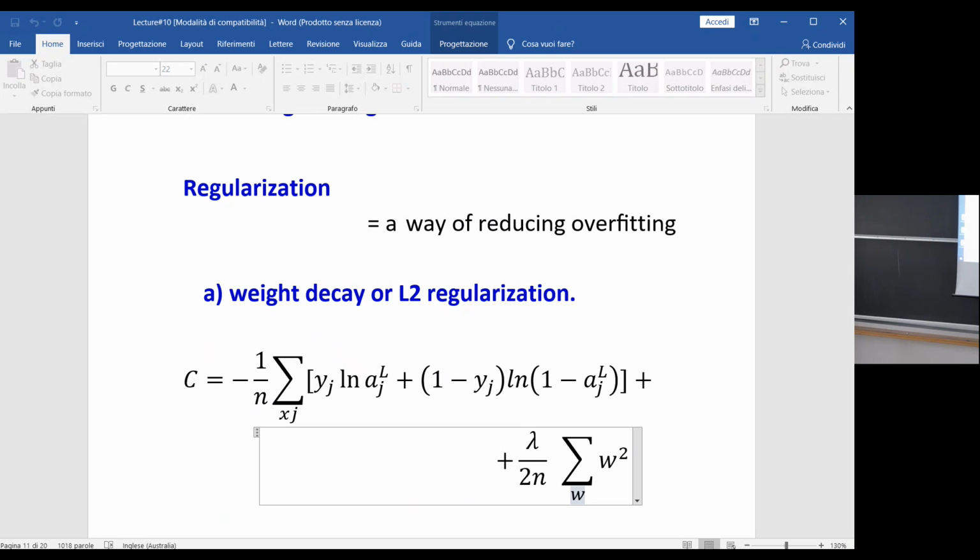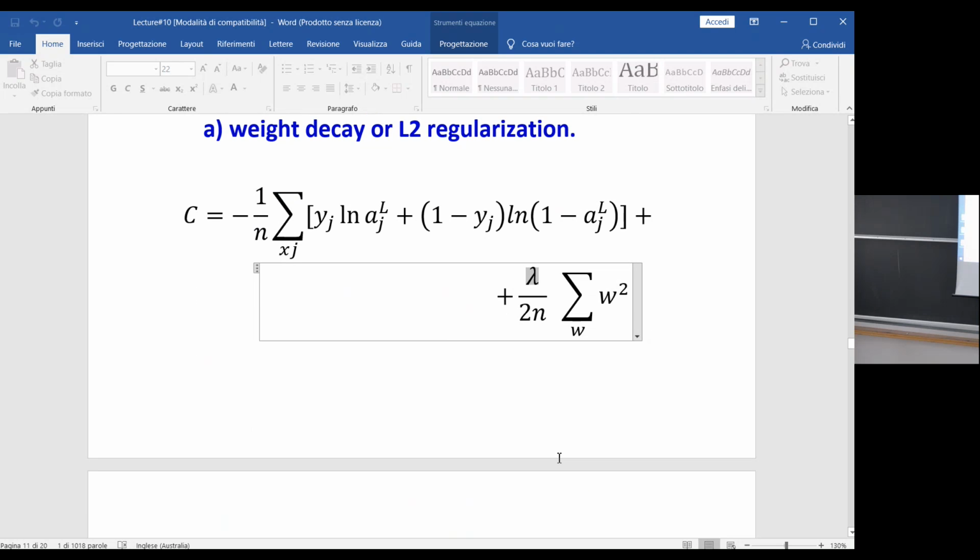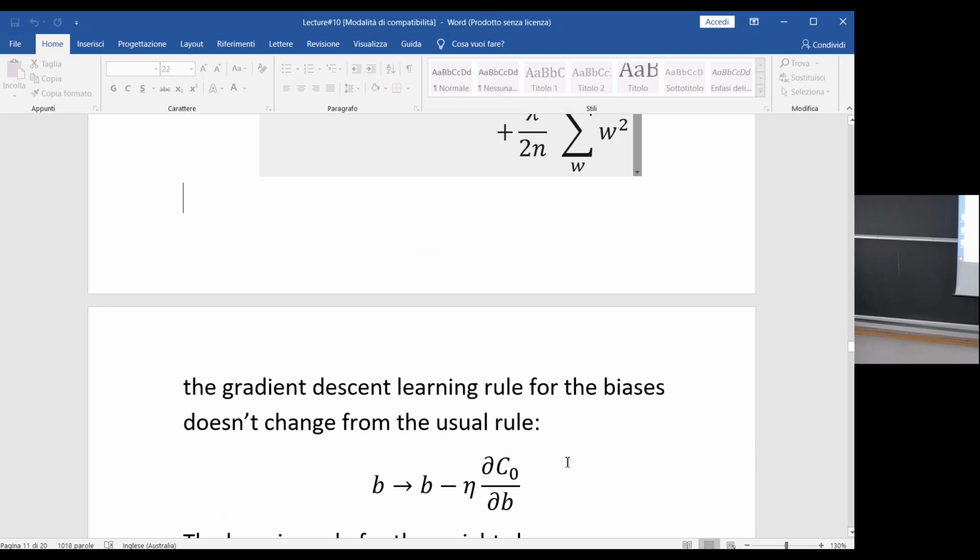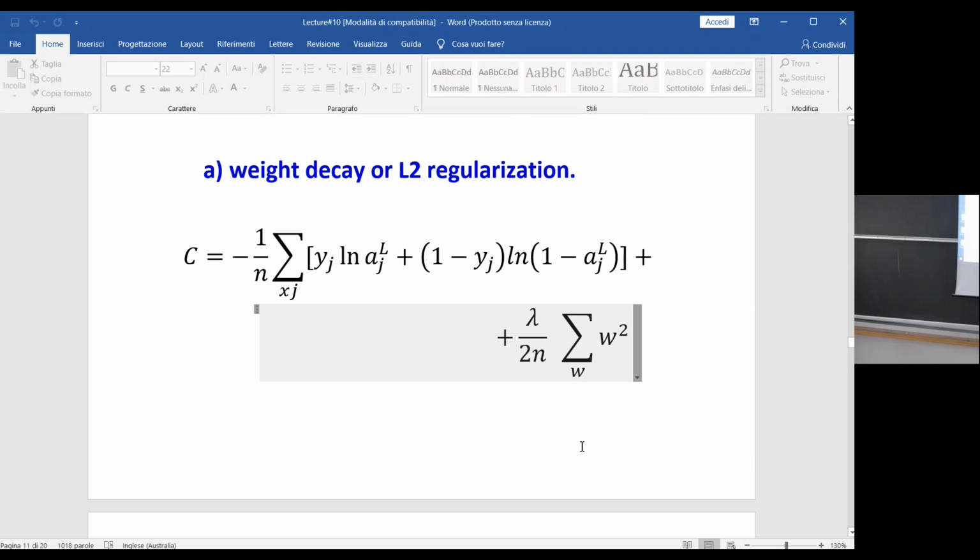Okay? So we can consider a matrix of all weighting function. We can present it like some lines or columns, like a very long vector, and we make some summation of squares divided by 2n and multiply by some coefficient lambda, the so-called regularization coefficient.